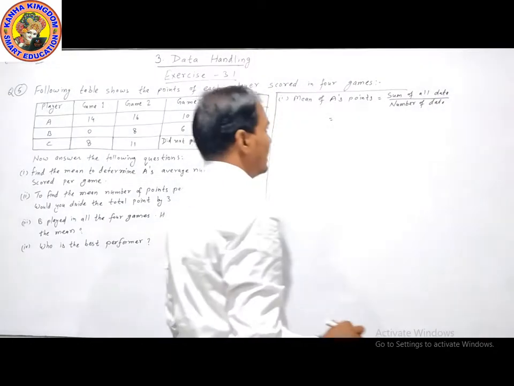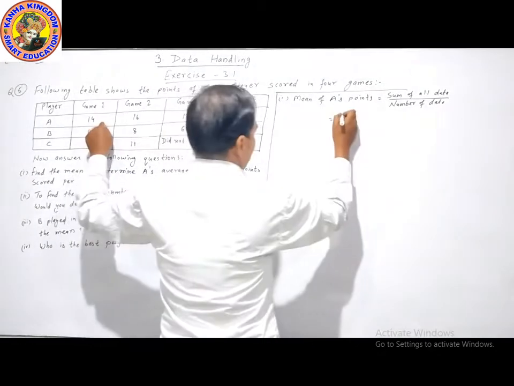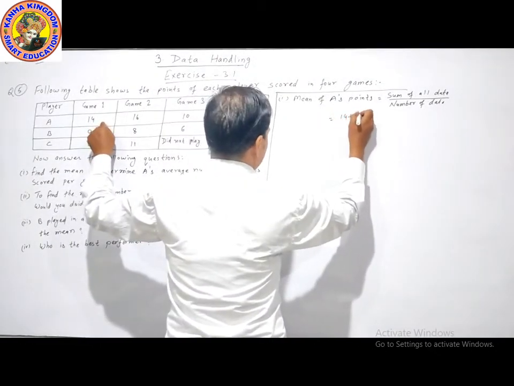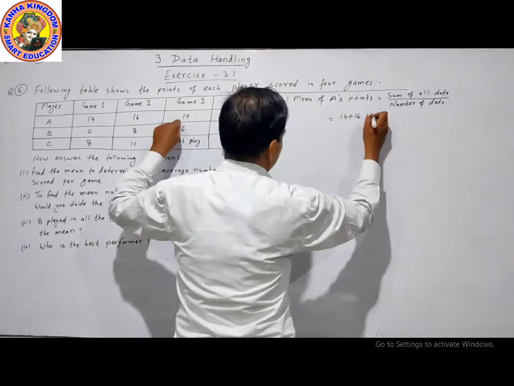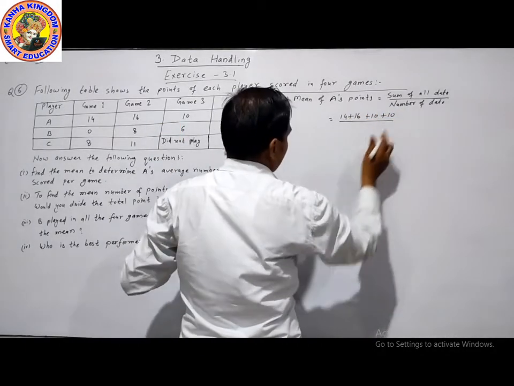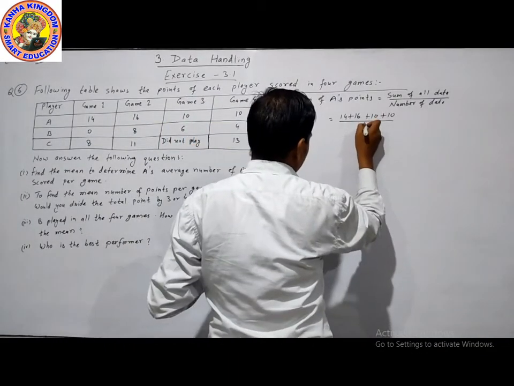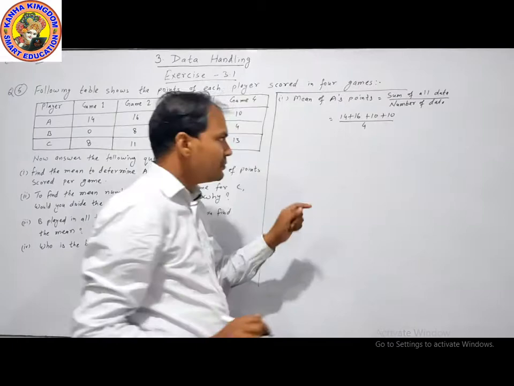Let the sum of all data of A be 14 plus 16 plus 10 plus 10, divided by the number of data, 1, 2, 3, 4, divided by 4.